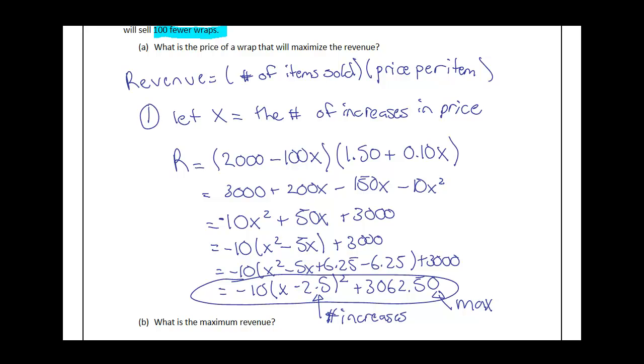Our max revenue here is due to 2.5 increases, so that means we need to add 25 cents to the price that we already had. Hence, we get $1.50 plus 25 cents equals $1.75. That is the price of a wrap that will maximize the revenue in this problem.